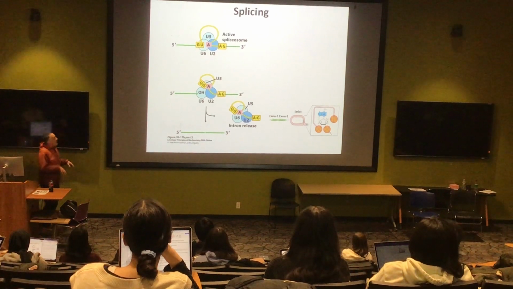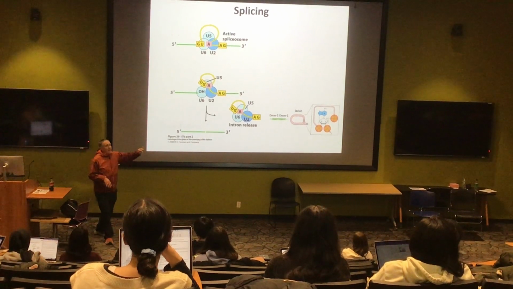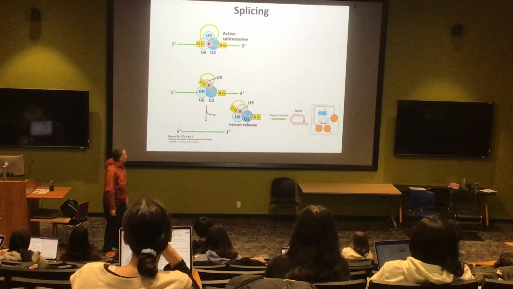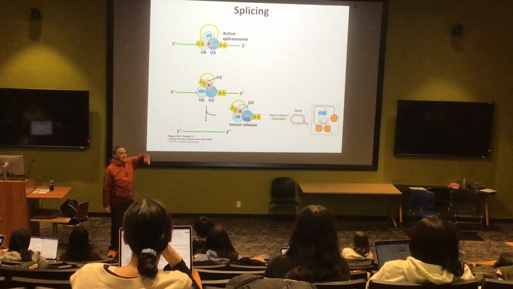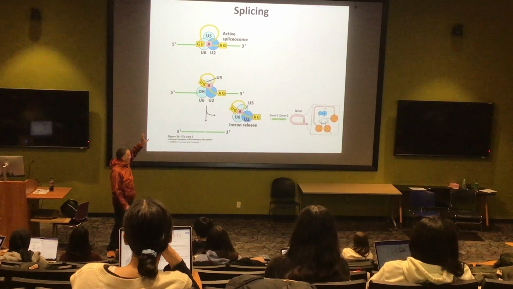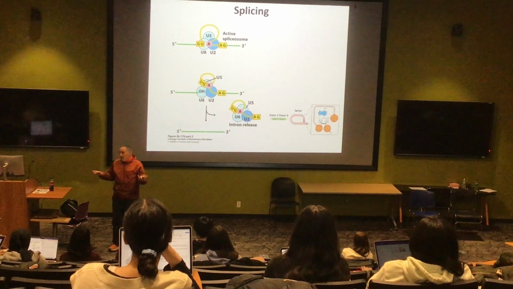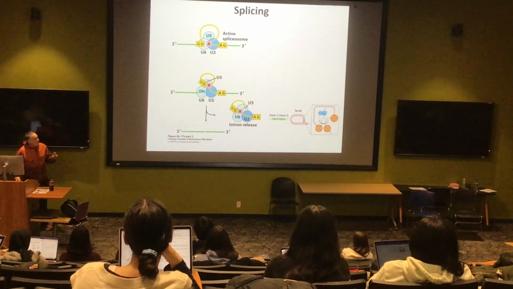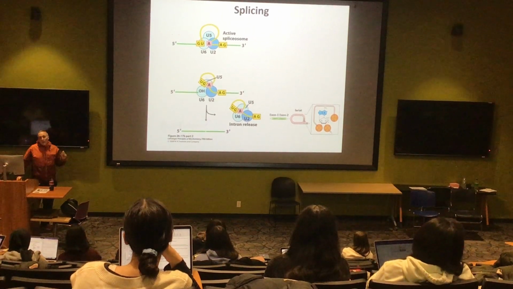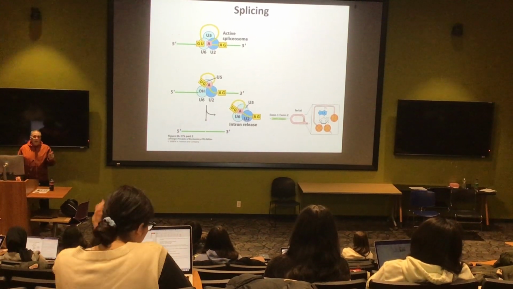And in the final step, after we do the second nucleophilic attack, which of course requires another set of conformational changes, some of those proteins are actually helping remove the intron, essentially taking it out of the spliceosome, so the intact mRNA can be made. Okay? So again, don't worry about the names, worry about the ideas here, worry about who's recognizing, like these RNAs.